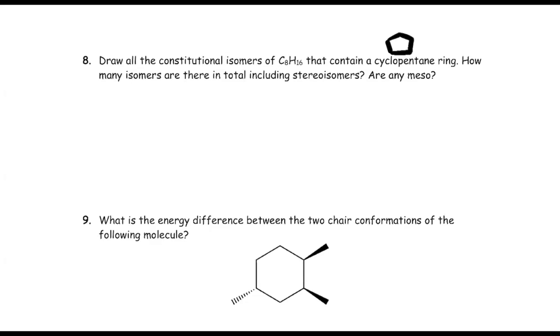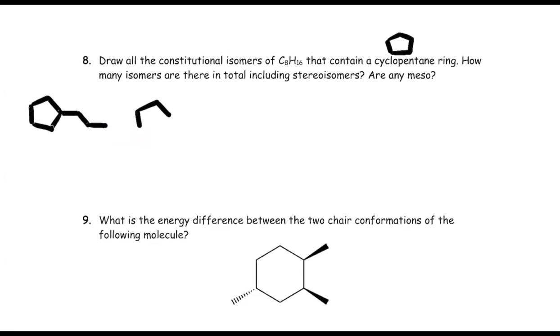What I personally like to do is start off with my straight chain right here, the straight chain of C8H16. And what I like to do is take that methyl group and move it around in as many places as I possibly can.